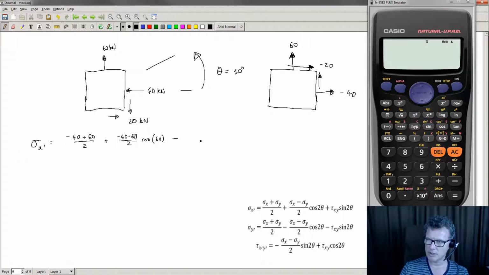And then we've got another minus 20 sine 60. So that's our first result.